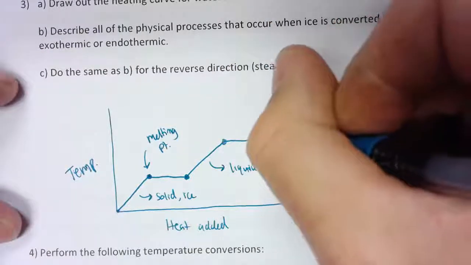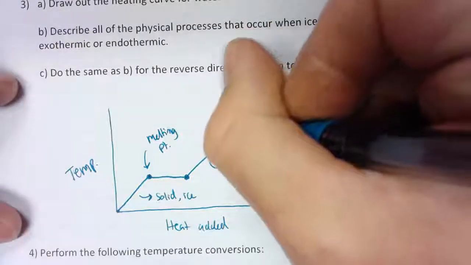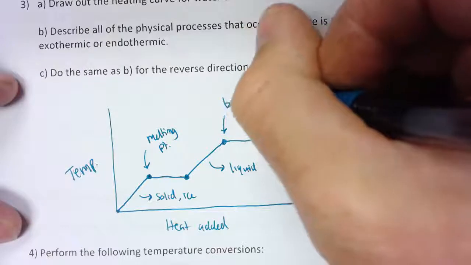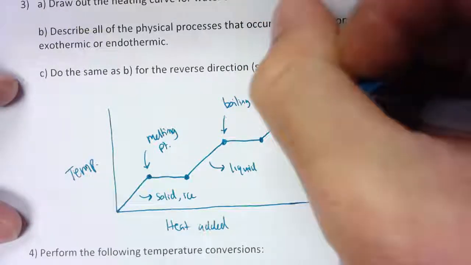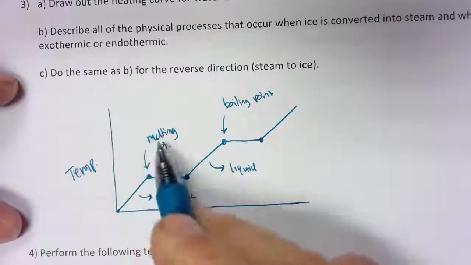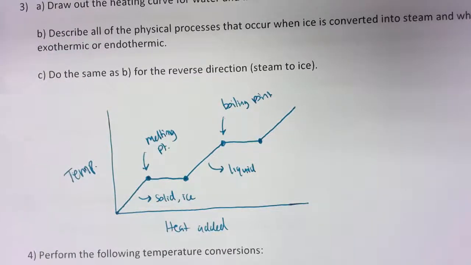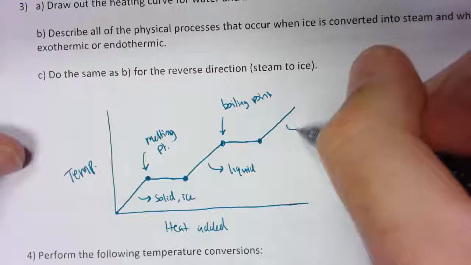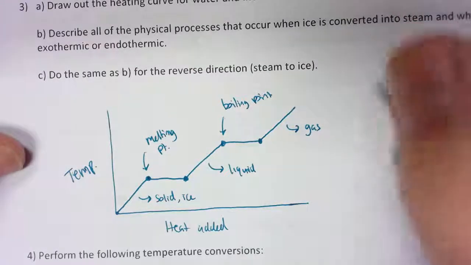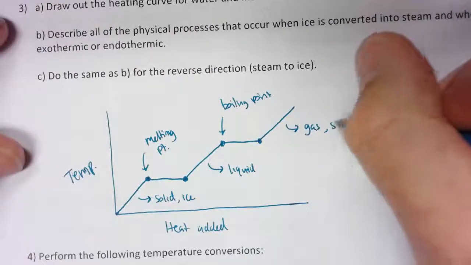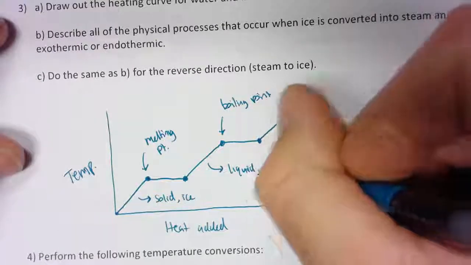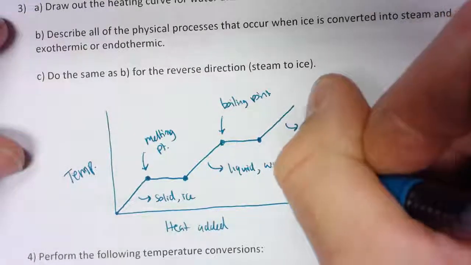Here we have the boiling point. This could also be called the freezing point. They're the same temperature, just different names. And then up here we have the gas form of water, which is steam. Liquid, we just call that water.